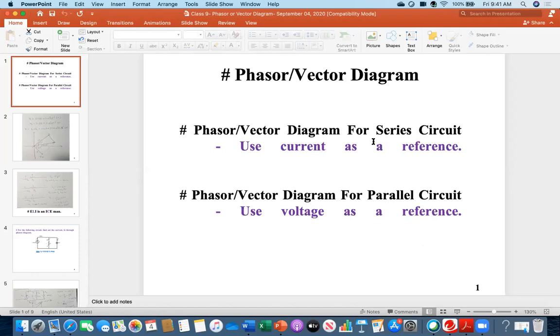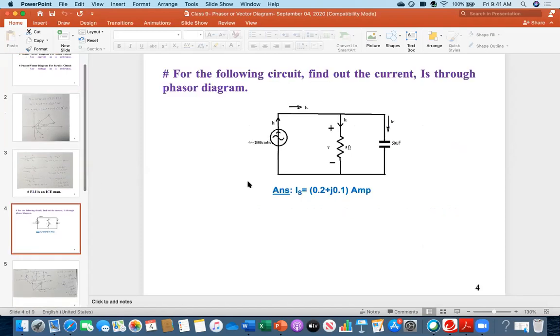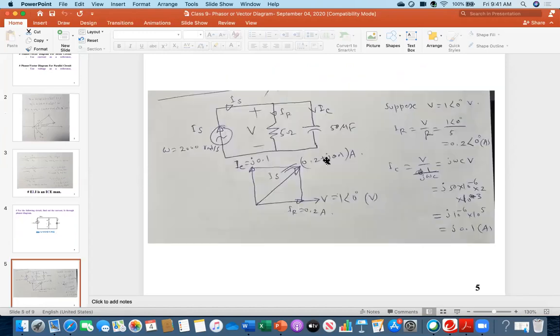So keeping these two rules in mind, now go back to that problem. This is the problem, and here I was showing you the solution. Everybody see now, because this is a parallel circuit, I want to find this current with the help of a phasor diagram.